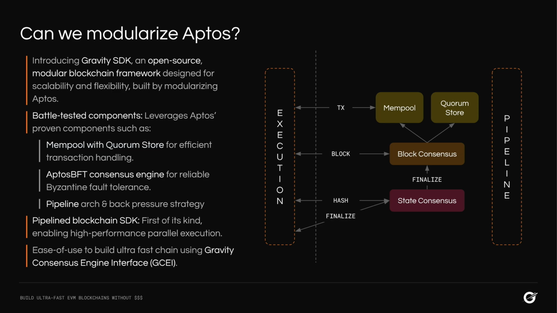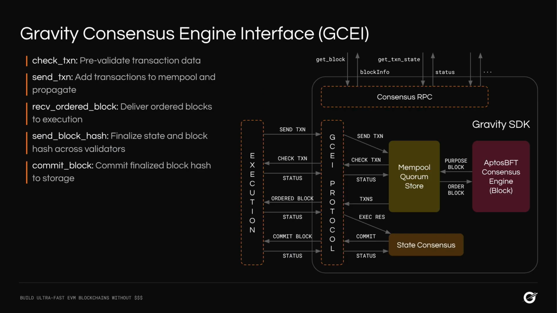We don't want developers to have to know all the details of a pipelined blockchain, so we built the Gravity Consensus Engine interfaces. These interfaces basically abstract the whole consensus process out of building a blockchain, so developers only need to implement these 4 interfaces. You tell consensus whether a transaction is potentially valid upon the current state, and you send transactions to consensus, which then uses mempool and Quorum Store to broadcast them.